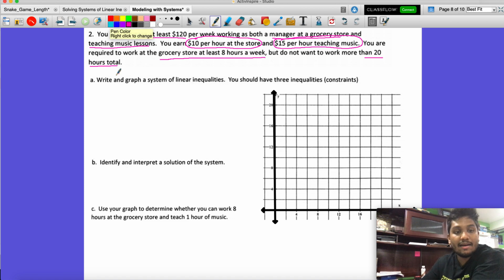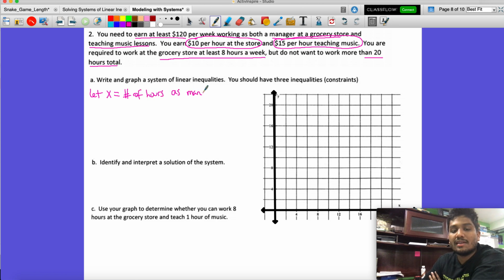So we'll say let x equal, and I can't just write manager. What is he doing? x is the thing that you don't know. Do we know how much he's getting paid as manager? Yes. Do we know how many hours he's working as manager? No. That's what we're trying to figure out. So this is going to be the number of hours as manager.